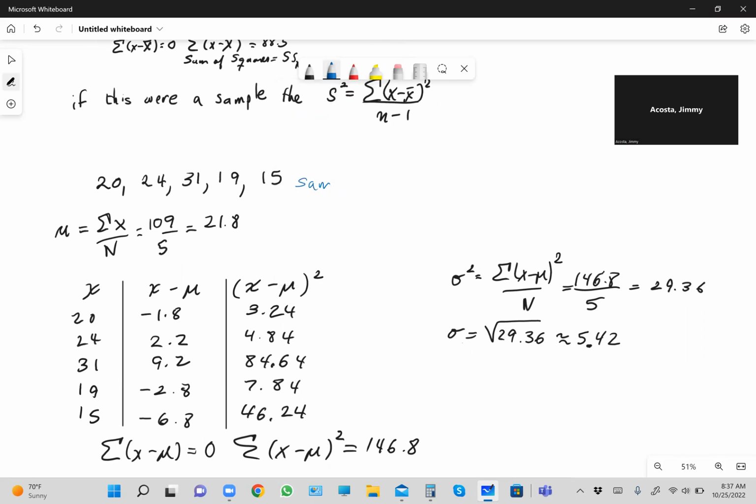So if this were a sample, then this is the same, but we change the symbol here. We call this X bar, and we don't use big N, we use small n. All these become X bars.